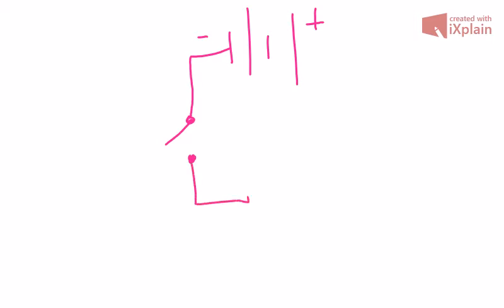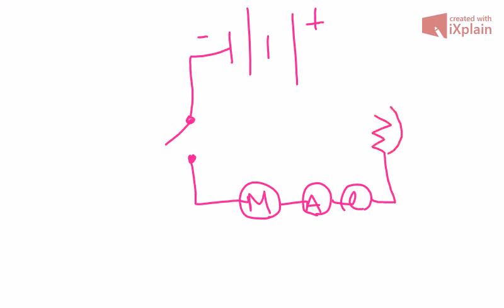Then it's asking you for a motor, an ammeter, a light bulb, okay? And then it wanted a resistor. So I'll continue here. I'll draw a resistor, put it in the circle, and then finish off my circuit.